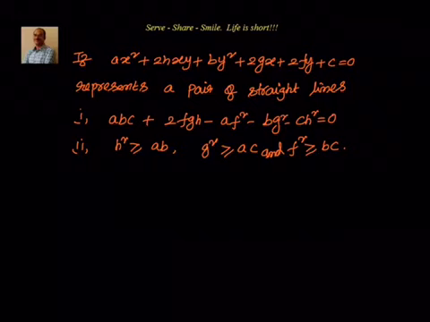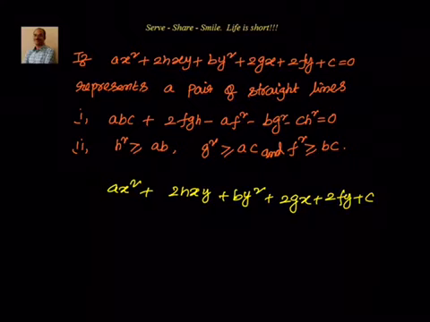First, let's write down the second degree general equation. What we have: ax² + 2hxy + by² + 2gx + 2fy + c = 0.